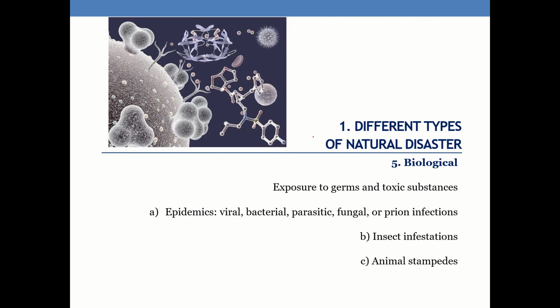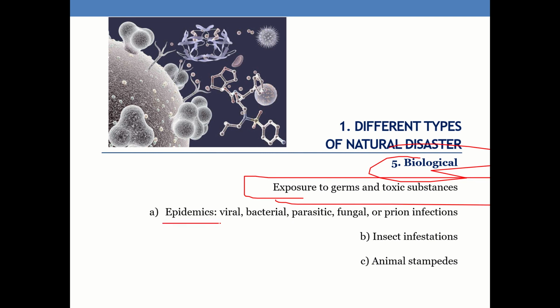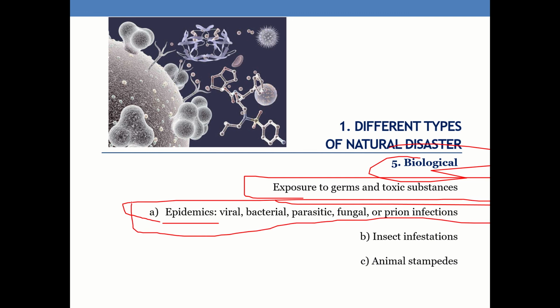Okay, and the last type of natural disaster broadly that we can classify is biological disaster, exposure to germs and toxic substance, and epidemic. I think now we don't need any case studies, or much explanation on what you mean by biological disaster. Okay, so we all are experiencing it now. How it can affect our life, and how it can affect the entire economy of the country, everything.